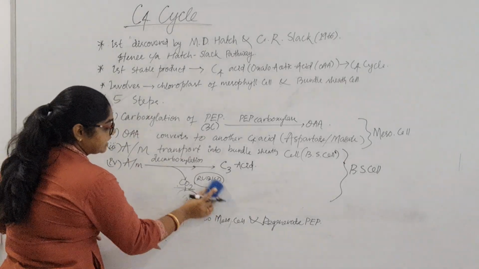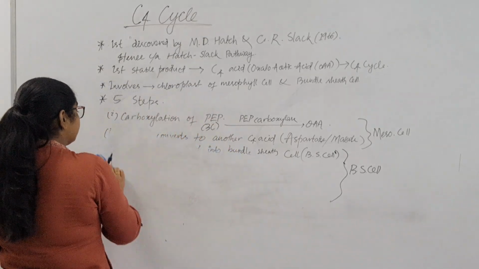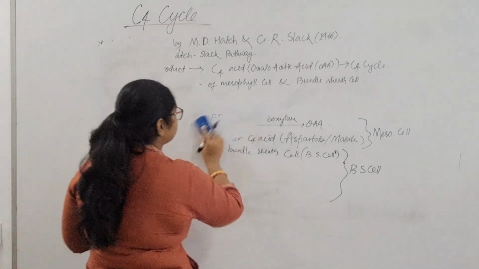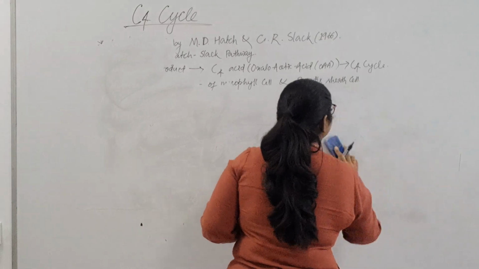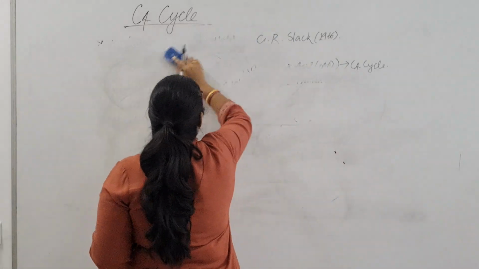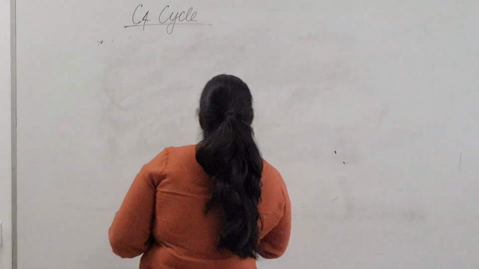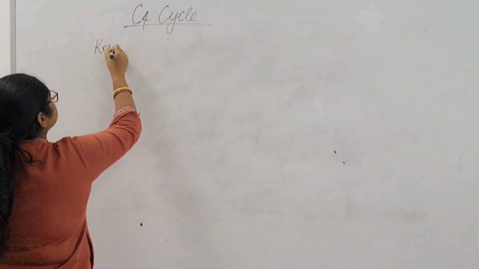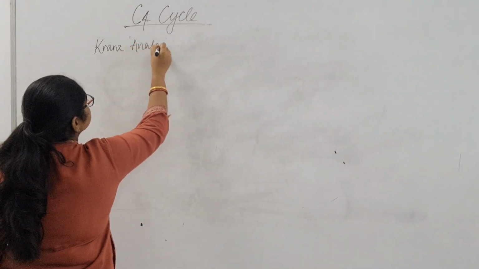So in the C4 cycle, the leaf anatomy is the key characteristic, and it is known as kranz anatomy. So now we'll discuss the kranz anatomy of C4 plants, the key characteristics. Kranz anatomy.